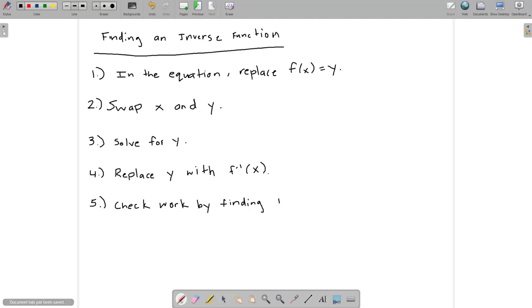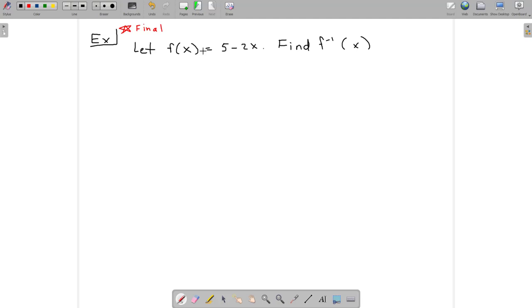If you find f of f inverse, it should equal x, and the reverse as well, f inverse of f should be x. So let's now apply our algorithm and find f inverse given some f of x function here, and this is a past final problem, so you know how it goes.